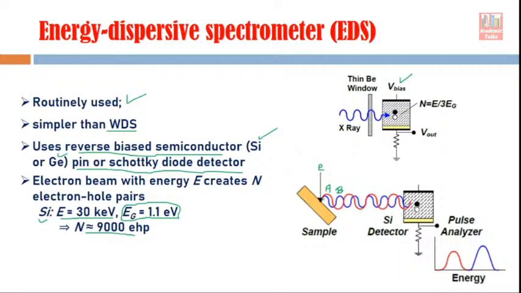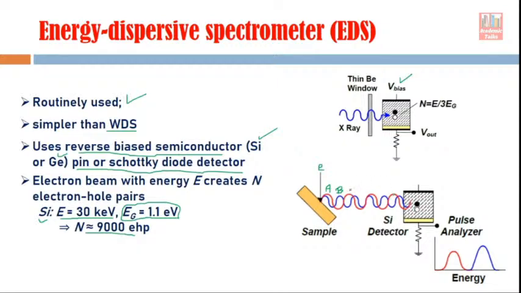Suppose only two elements are present in the sample; corresponding to these two elements, two different X-rays are emitted. These two X-rays, because they are a characteristic feature of the element which is generating them, have different energies, or you can say different wavelengths. So A and B are two X-rays of two different energies.